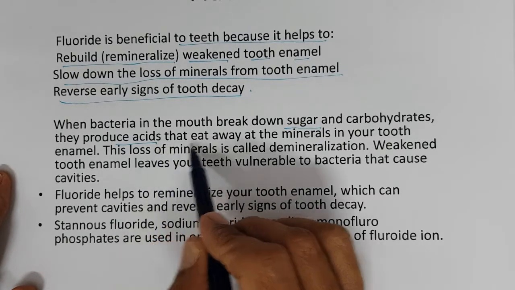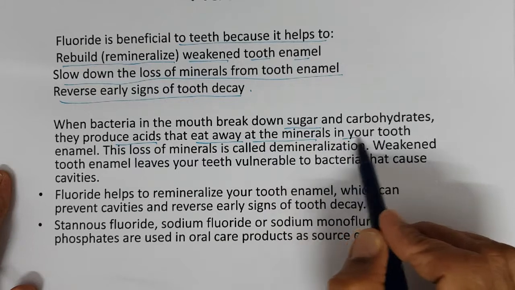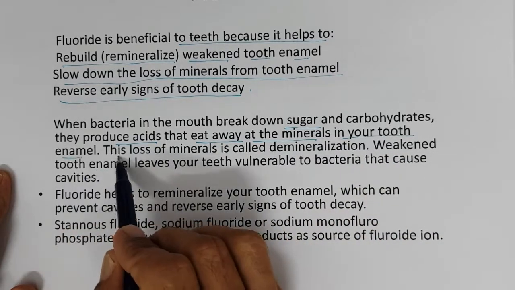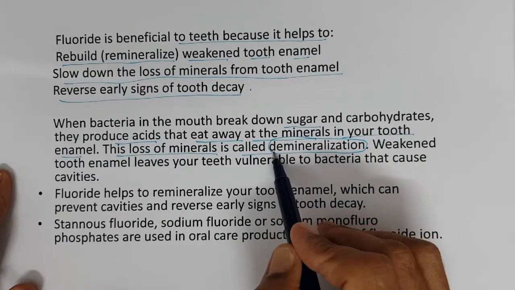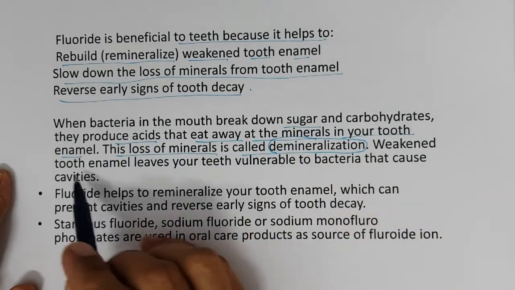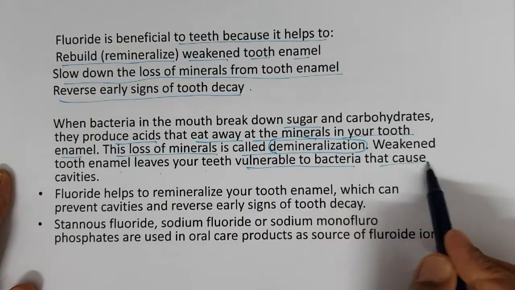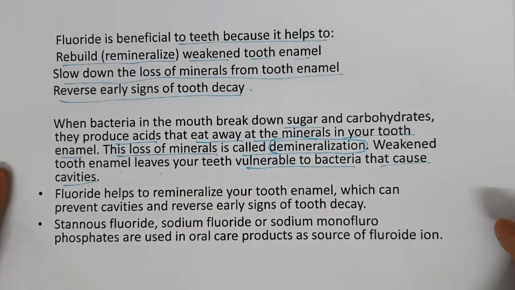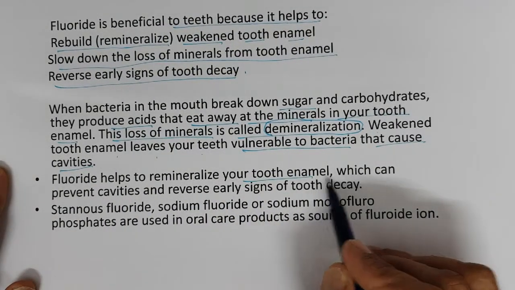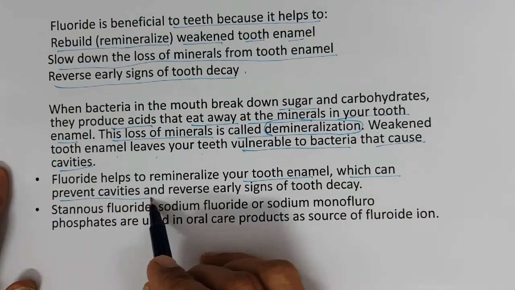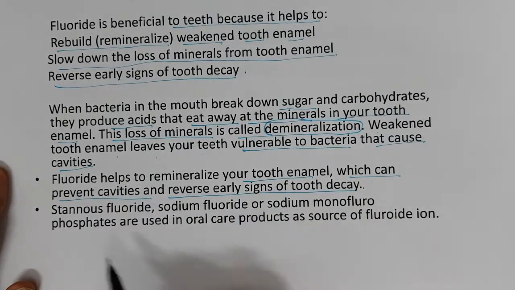The acid eats away the minerals in your tooth enamel. This loss of mineral is called demineralization. Weakened tooth enamel leaves your tooth vulnerable to bacteria that cause cavities. Fluoride helps to remineralize your tooth enamel, which can prevent cavities and reverse early signs of tooth decay.